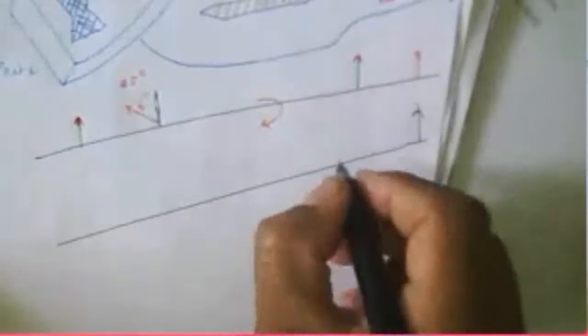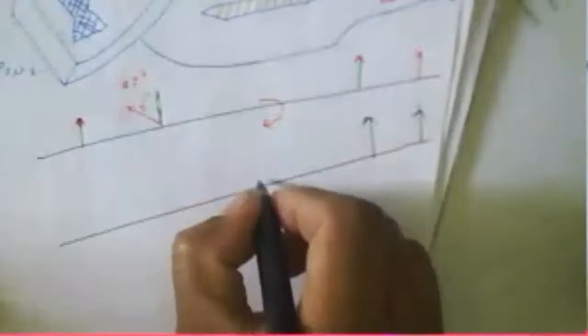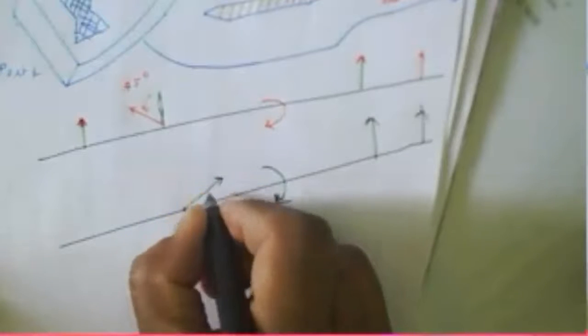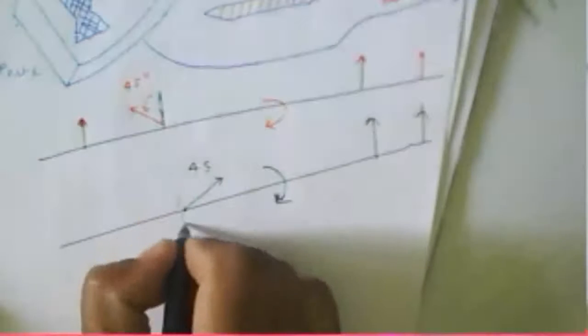If you provide the input to port 2 here, because of that 45 degree twist, your signal changes by 45 degrees.